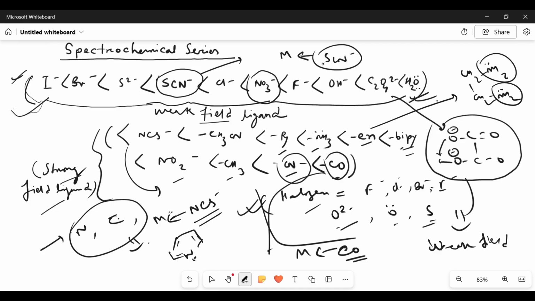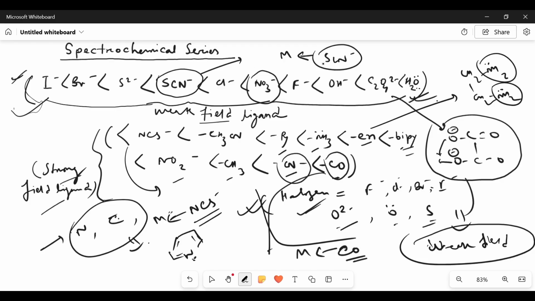What is the donor atom in the ligand? If the donor atom is halogen or halides, oxygen and sulfur, just remember these three, then we can say the ligand is a weak field ligand. If the donor atom is nitrogen and carbon, then the ligand is obviously a strong field ligand.